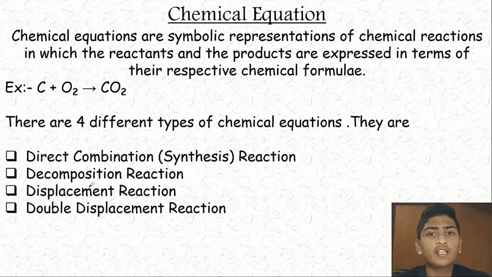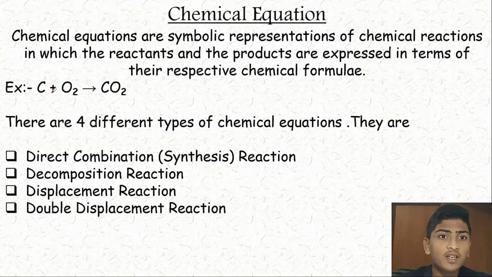Now, let's learn about chemical equation. Chemical equations are the symbolic representation of chemical reactions. In labs, we will be doing more and more chemical reactions in which reactants and products are expressed. First, we use some reactants, and after some reaction, we get some other products. According to the respective chemical formulas, they will be expressed.